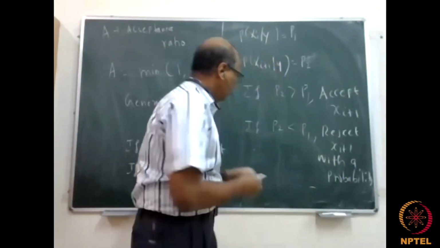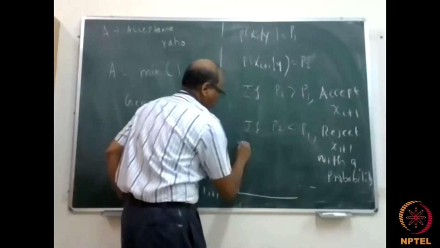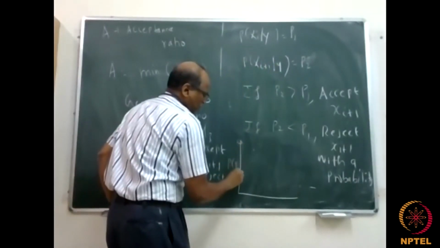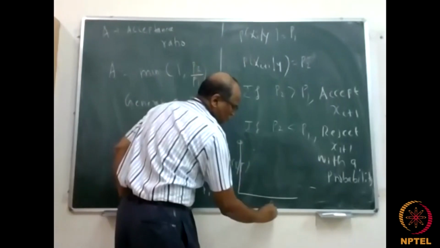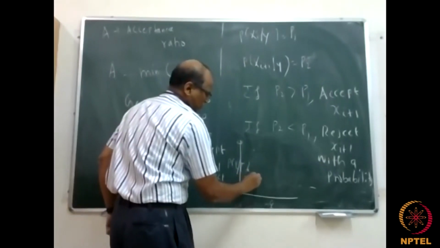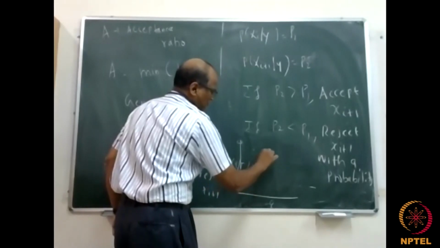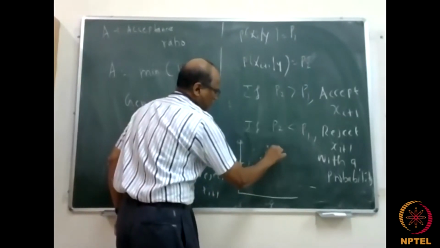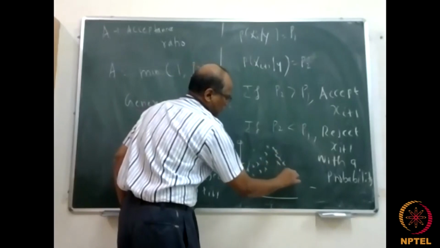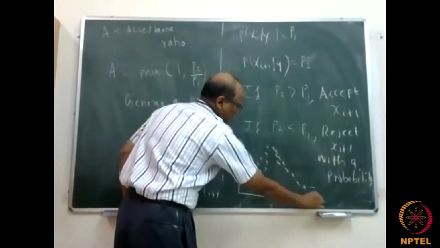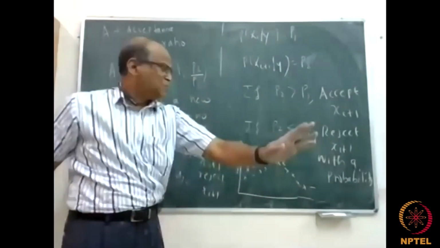So now what you do is, if this is P of Q given T, you will do like this. It may go like this. Nothing is pre-decided.